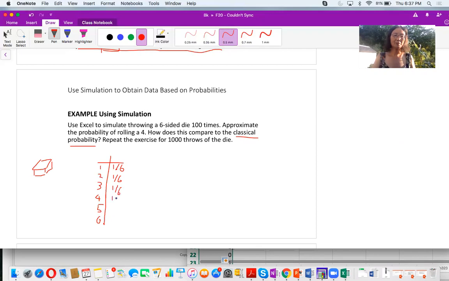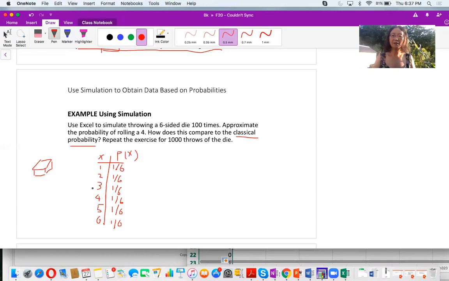The probability of seeing number 4 is 1/6. The probability of seeing number 5 is 1/6. The probability of seeing number 6 is 1/6. So this is the classical probability. This is the random variable x. X could be 1, 2, 3, 4, 5, 6, any one of them, and this is the probability of x.